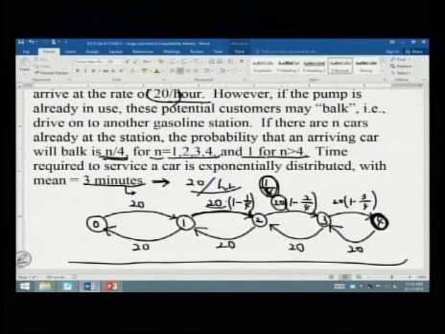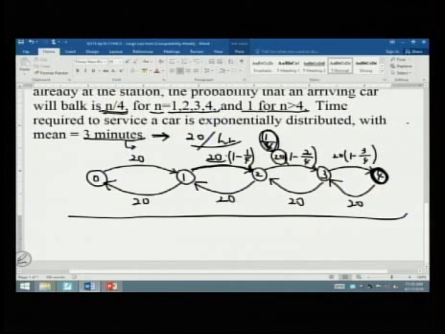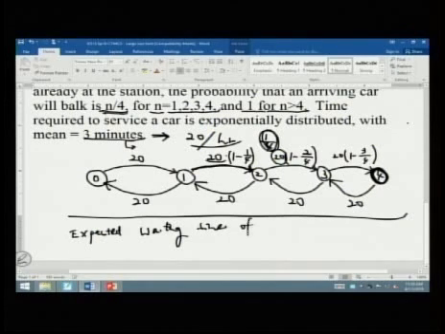Okay, now what if I ask you the expected waiting time of the customer? How do you do that? I want you to get the expected waiting time of customers.